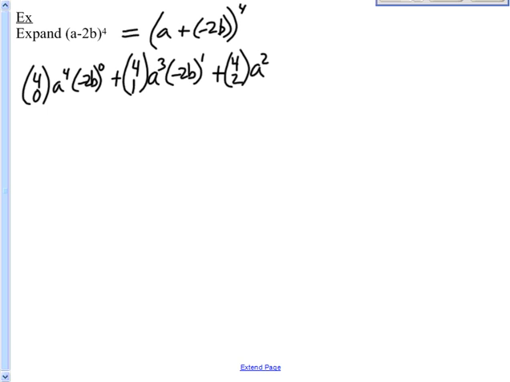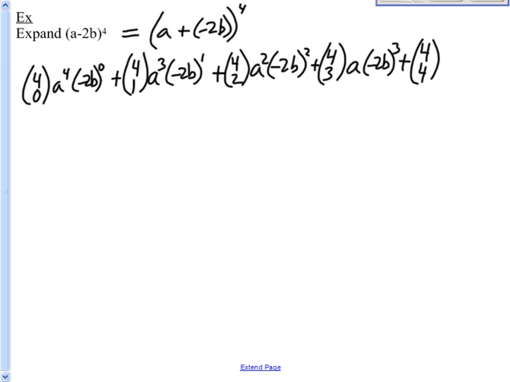A now goes down squared, negative 2b will go up squared. 4 choose 3. A now goes down to the first power, whereas negative 2b will go up to the third power. And finally, 4 choose 4. A goes now to the 0 power, negative 2b goes to the fourth power.